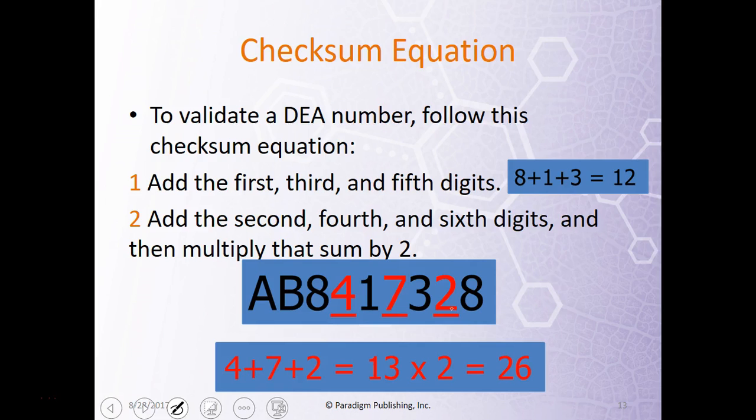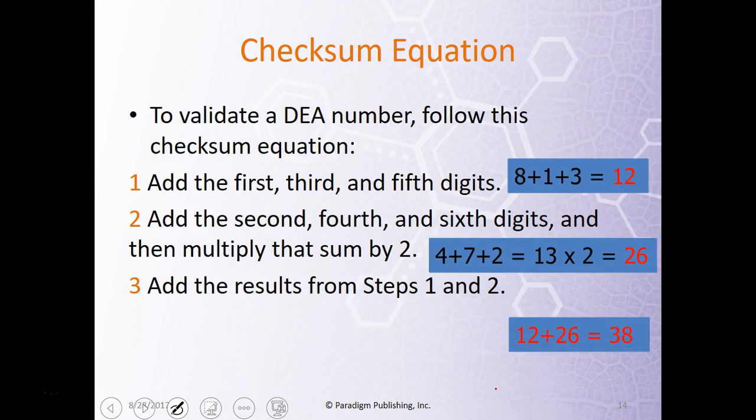Then we take the second, 4th, and 6th numbers, 4, 7, and 2, and add them together, and we get 13, and then we multiply it by 2, and we get 26. Now we take these 2 together. We add 12 plus 26, and we get 38.